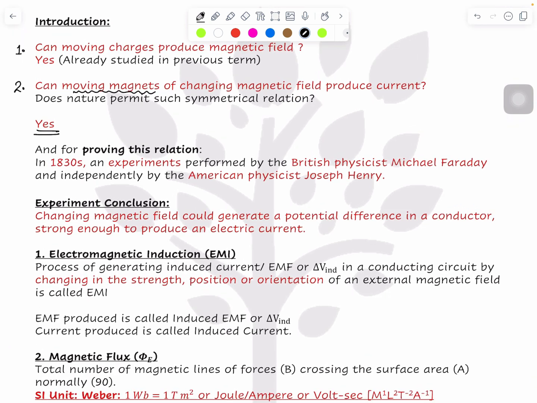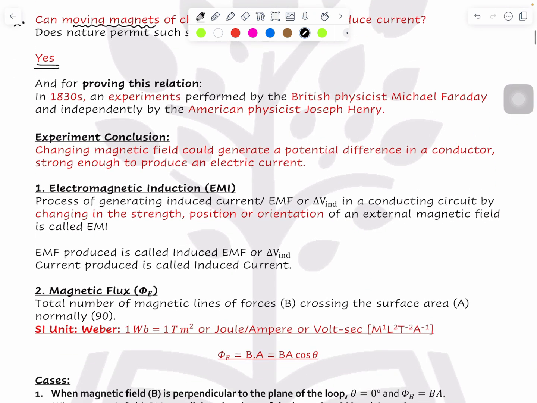The proof of this experiment was given by the British physicist Michael Faraday and the American physicist Joseph Henry. These two made experiments and proved that if you change the magnetic field, that will produce some current, and that current is named induced current.